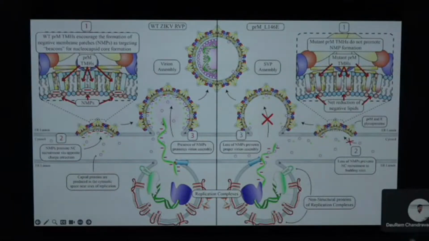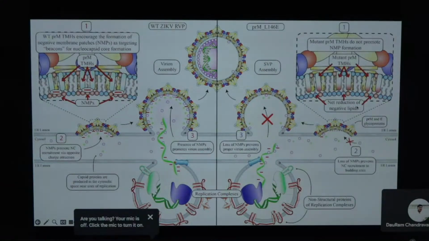The reason we believe this to be the case is because of our SVP production in our mutant version. So up here in the top right of the screen now, our mutant PRM transmembrane helices actually do not promote the negative membrane patch formation, because of the net reduction of negative lipids. We believe this is caused by the mutation of the leucine here into that glutamic acid.